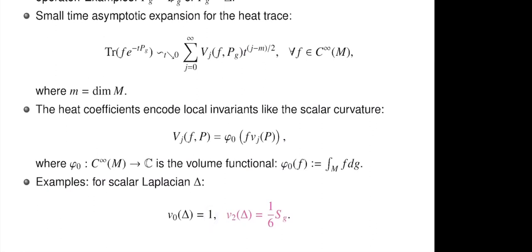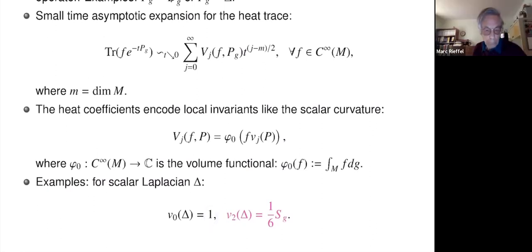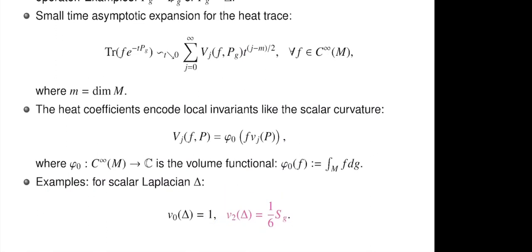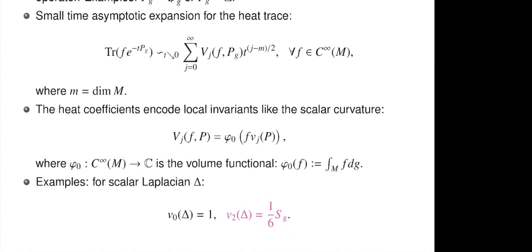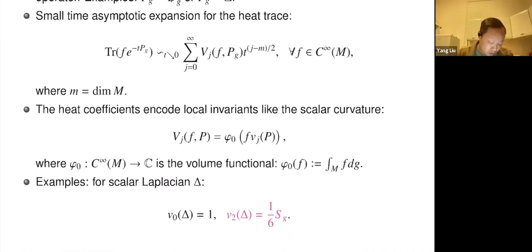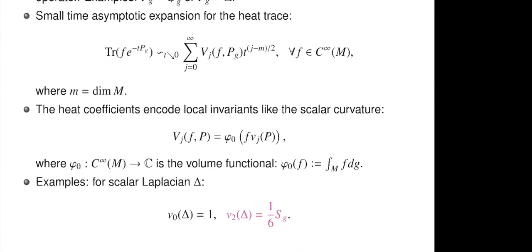Here we are mainly focused on the second term, which up to a constant gives you the scalar curvature. That will be our model of scalar curvature for the non-commutative torus, and then probably for more examples, like theta deformations.